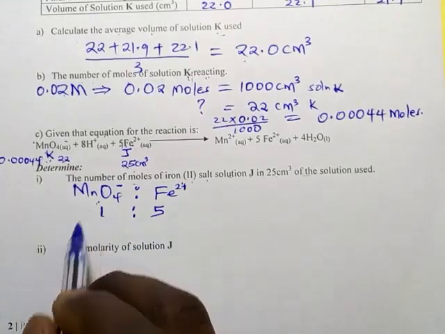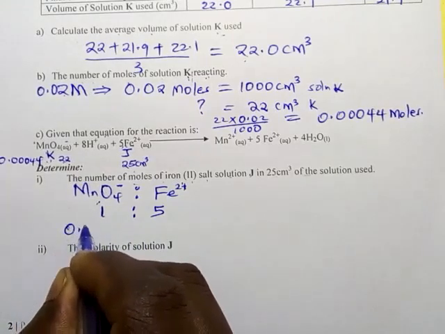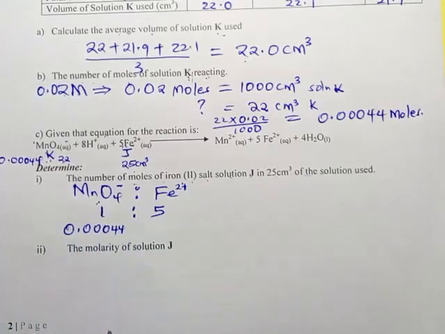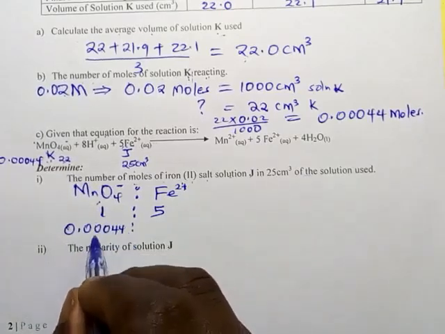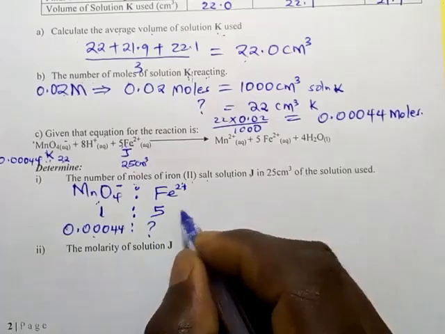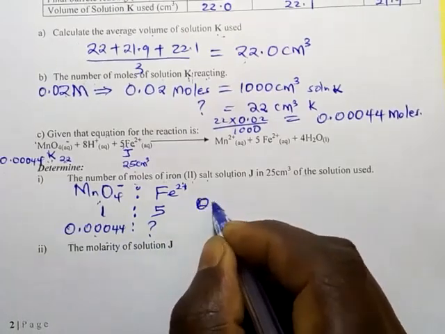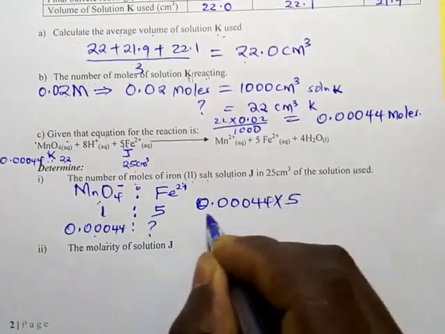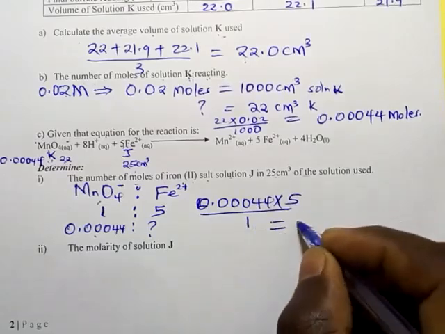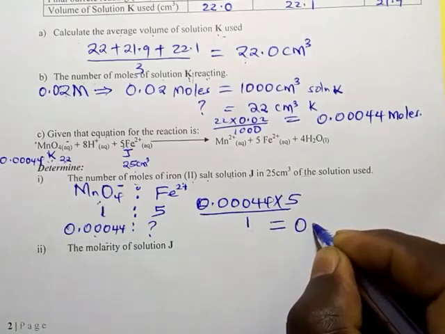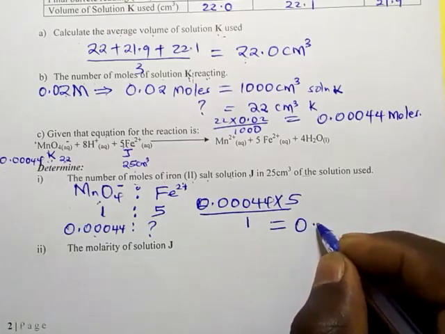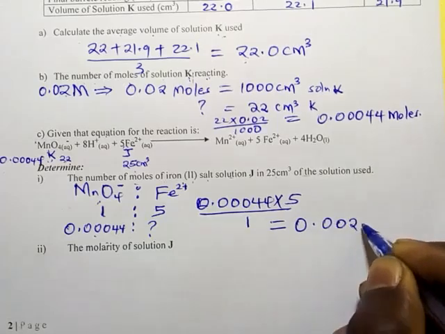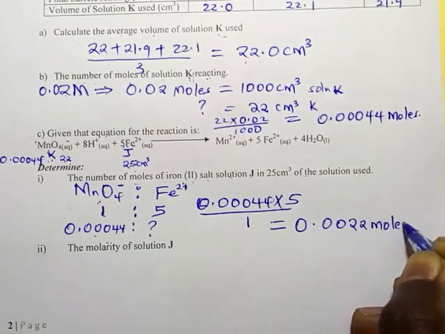We know the number of moles of this, which is 0.00044. So if 1 is equal to this, 5 will be what? That means it is 0.00044 times 5 divided by 1, which gives us 0.0022 moles.